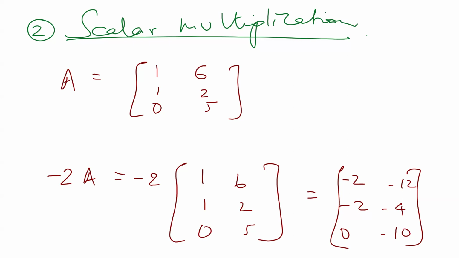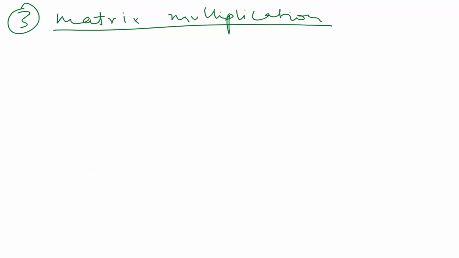There is a difference between matrix multiplication and scalar multiplication. Matrix multiplication is very complicated.